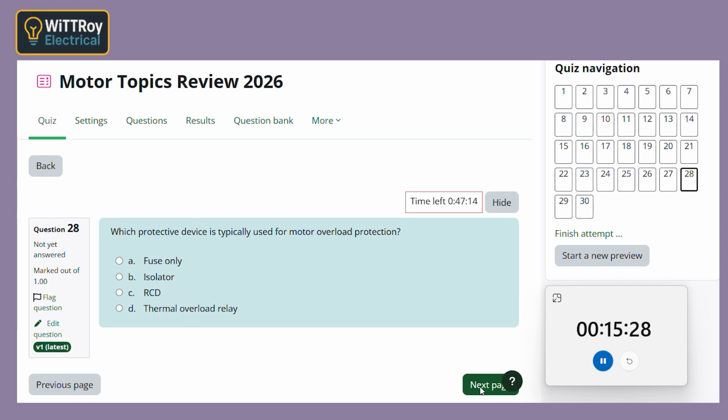Question 28. Which protective device is typically used for motor overload protection? Thermal overload relay. Correct. It is designed to follow the heating effect of current. If the motor draws too much current for too long, the relay trips. Why is RCD wrong? Because RCD protects against residual current imbalance, mainly for shock and earth leakage situations.